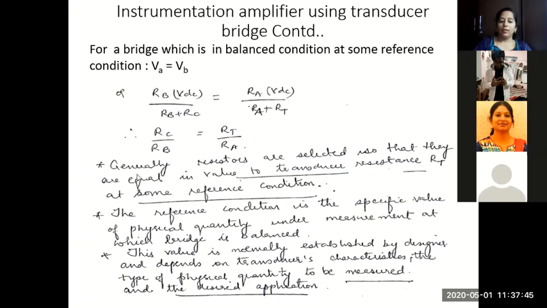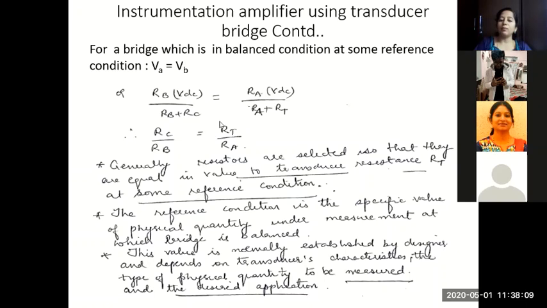Now, I was telling you, usually what we do, rather than choosing these two ratios to be equal, in the sense, rather than trying to make RC equal to RT and RB equal to RA, we will take all the 4 resistors equal. And to what value?